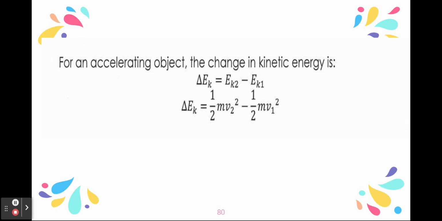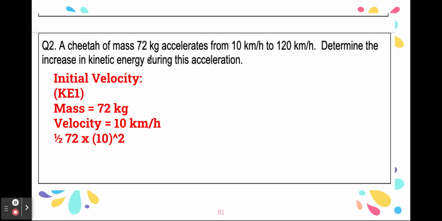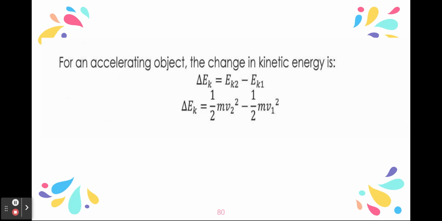Let's talk about the change of things. So if we have something that is accelerating, we're back to kinetic energy. We have to calculate kinetic energy twice and then subtract. So your next question is, a cheetah with a mass of 72 kilograms accelerates from 10 kilometers per hour to 120. So we have to do a problem for both of those.